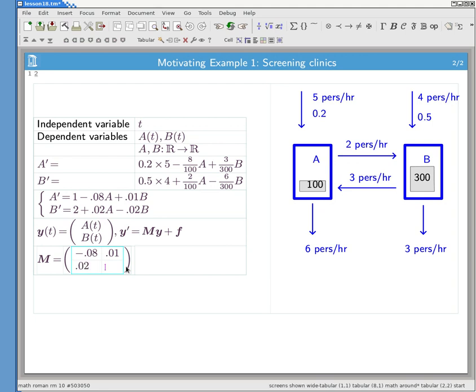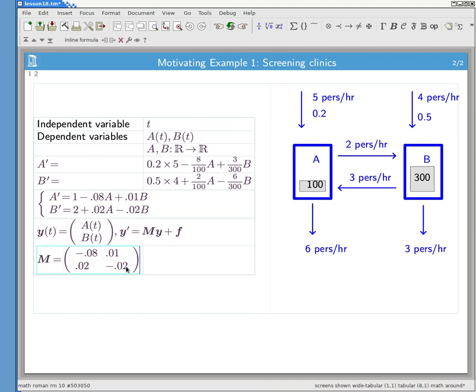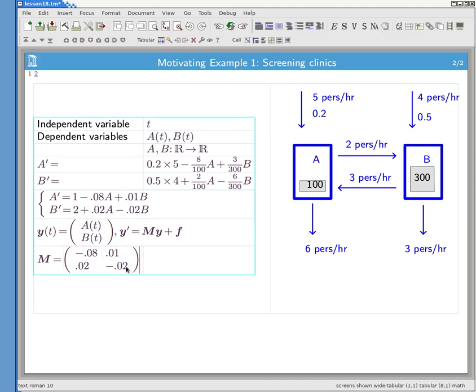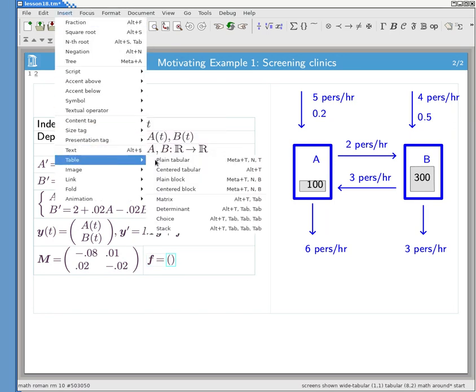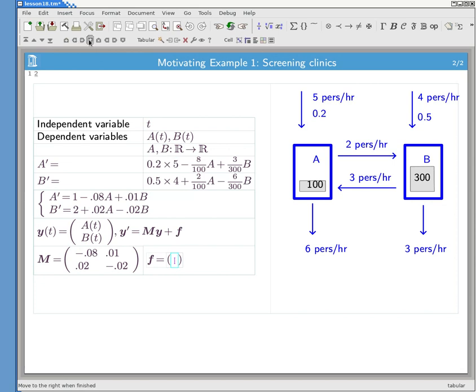And the coefficient that multiplies B in the second equation, again that's 0.02, but now with a negative sign. Whereas the term f is a vector that from the above just has constant components of 1 and 2.